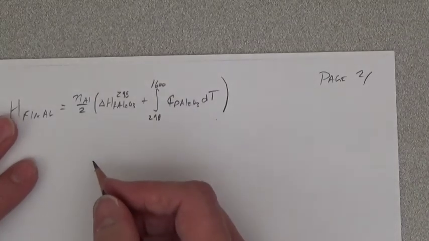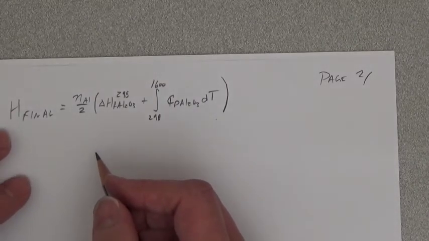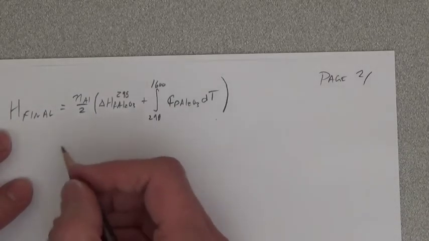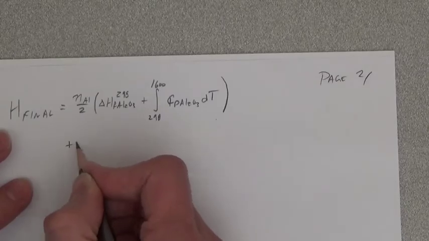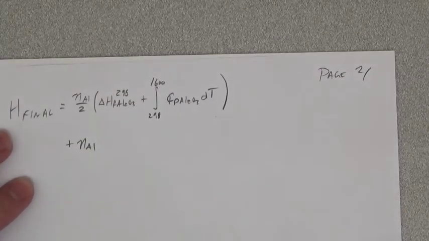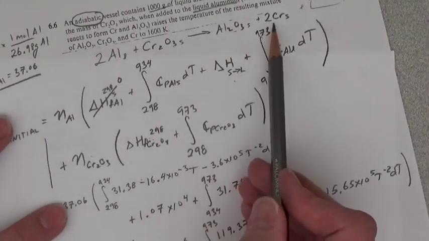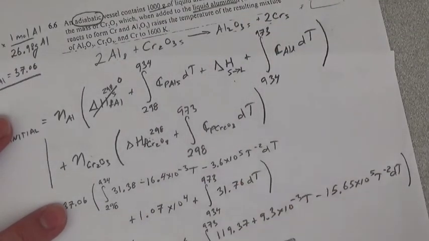Now let's get the chromium contribution. So that's plus N_Al. So for every 1 mole of aluminum, we have 1 mole of chromium.